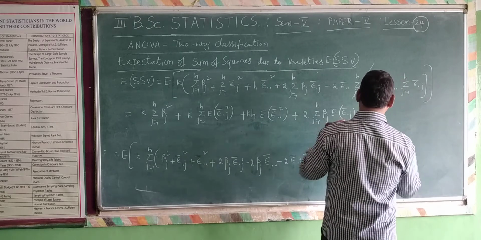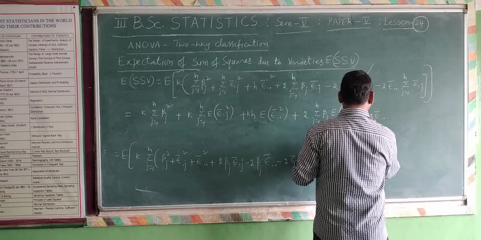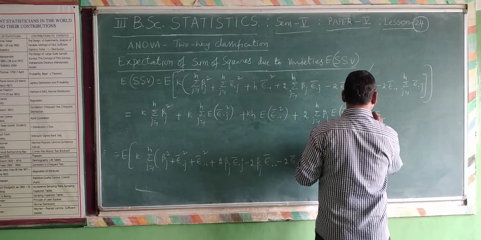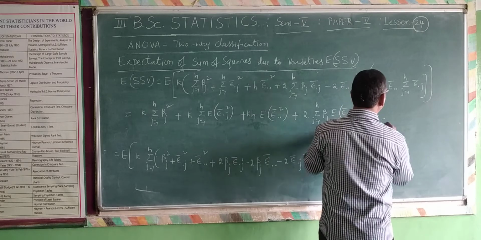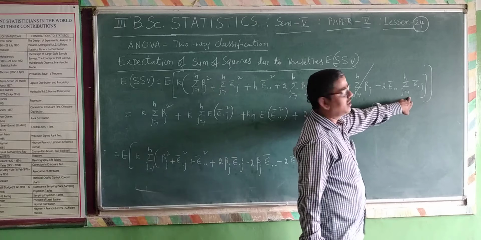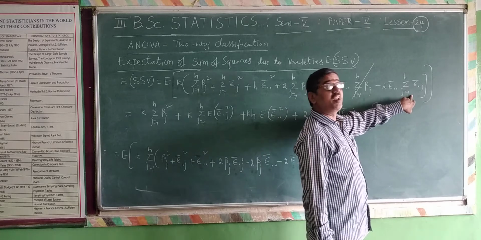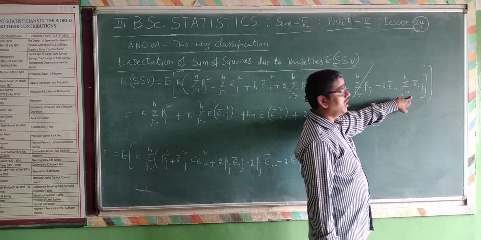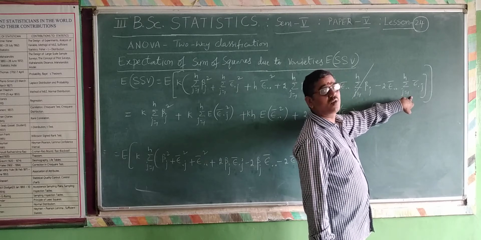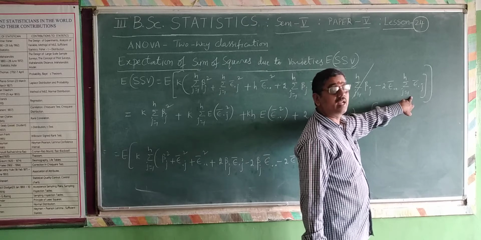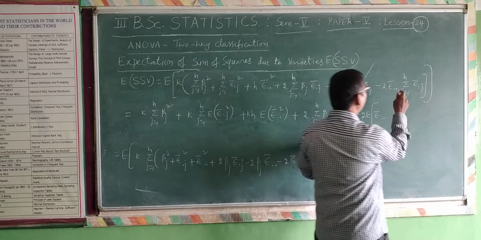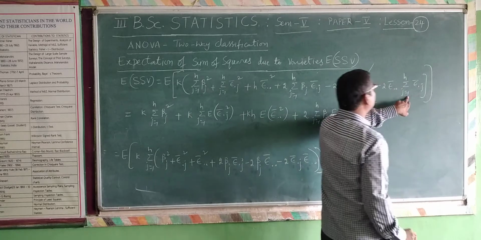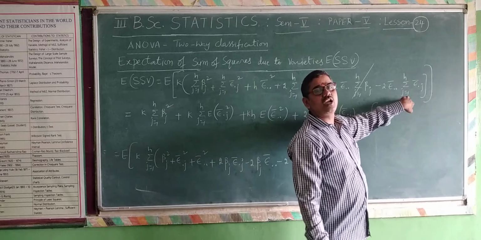Now here we have to do the expectation later. Before that you have to solve this, you have to convert. Whenever you have this formula with x and y here, you have to convert the formula first and then take the expectation. For this term I am not taking expectation. What is summation j equals 1 to h epsilon bar dot j?